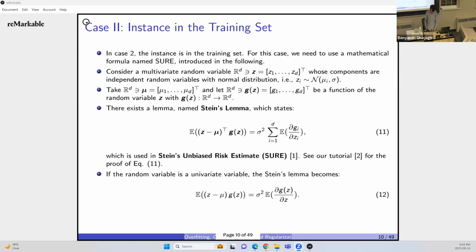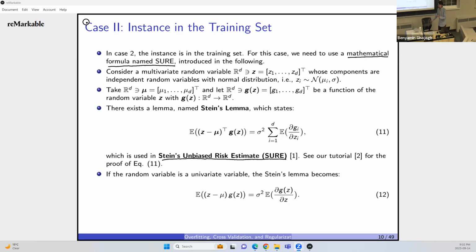Okay. Now let's go to the other case. Case 2. Now the data instance is in the training set. It is actually a training data point. For this case, we need to use a mathematical formula named SURE. S-U-R-E. SURE is short for Stein's unbiased risk estimate.